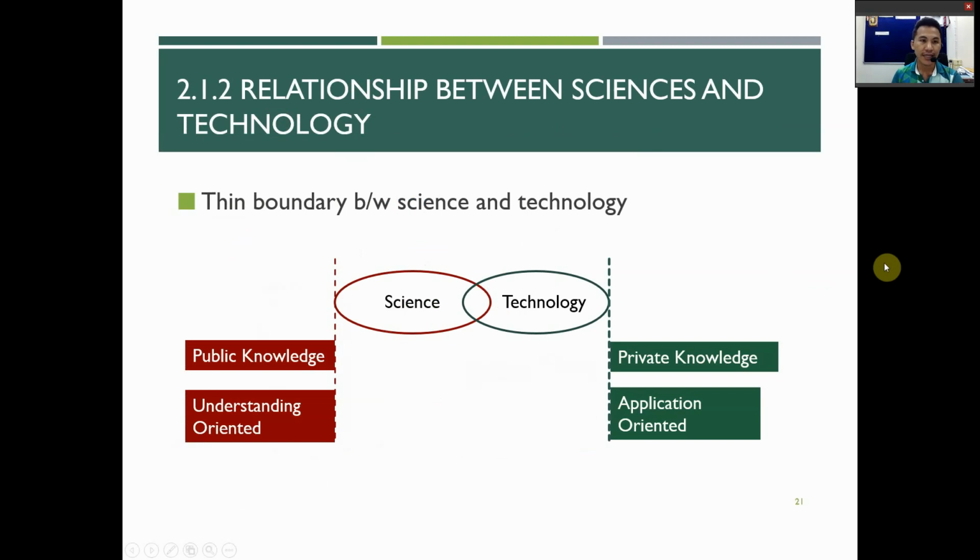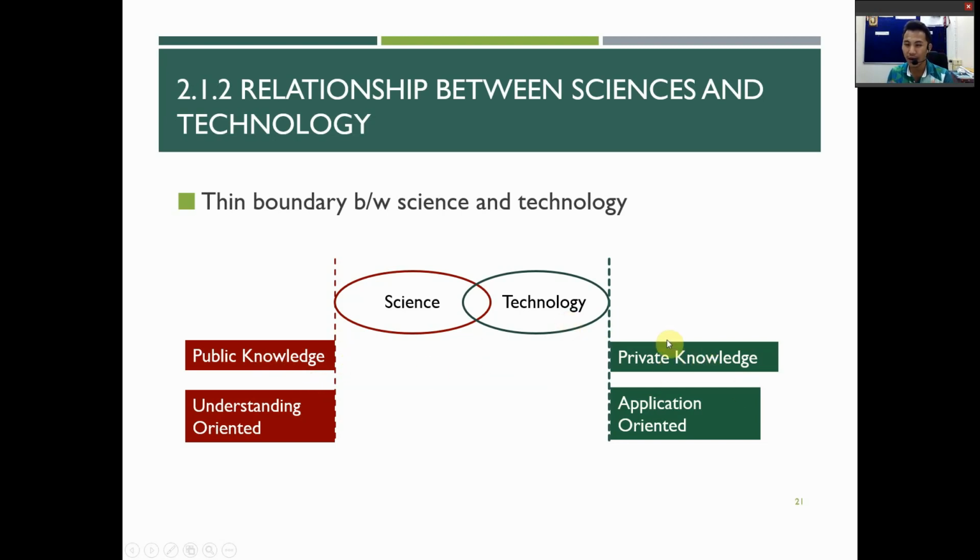All right, the second topic is the relationship between science and technology. This topic is really short actually. I just want to let you know that there is a really thin boundary between science and technology, and some of them overlap with each other. So I'd like you all to understand science as public knowledge, but technology as private knowledge.